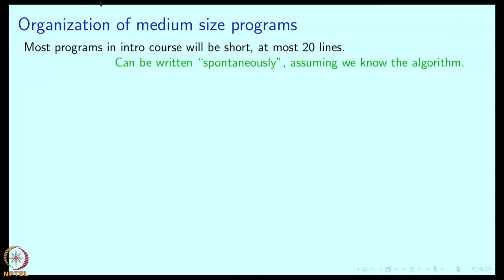Now 20-line programs can be written spontaneously, without an enormous amount of planning. We think about the algorithm, we think about how we do things manually, and the sequence of operations is not that complex. So maybe there is a loop or something like that, but that's about it.